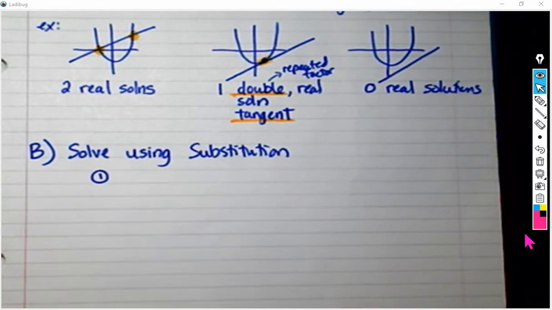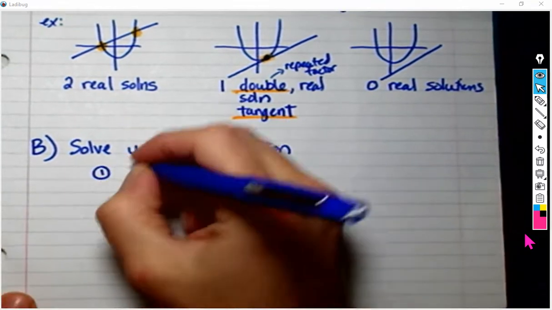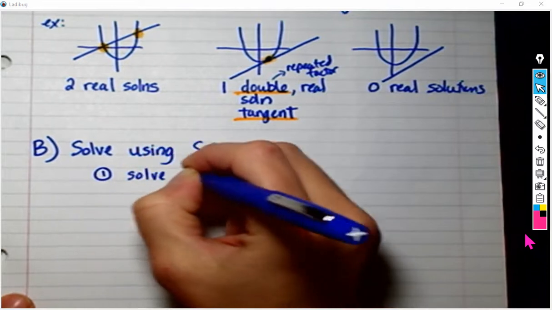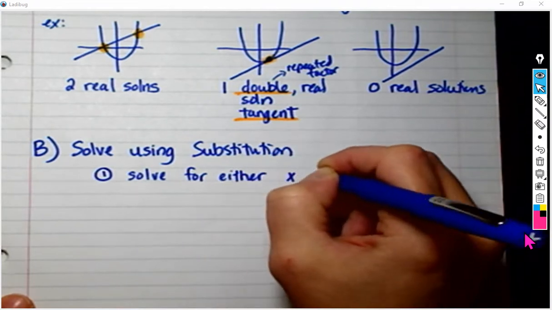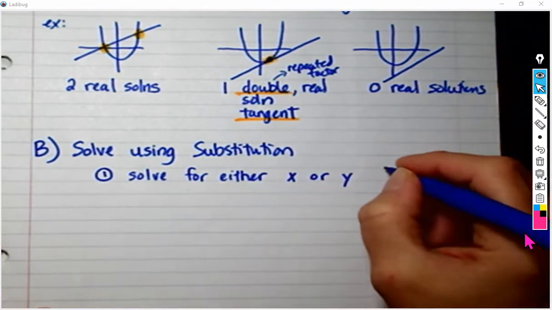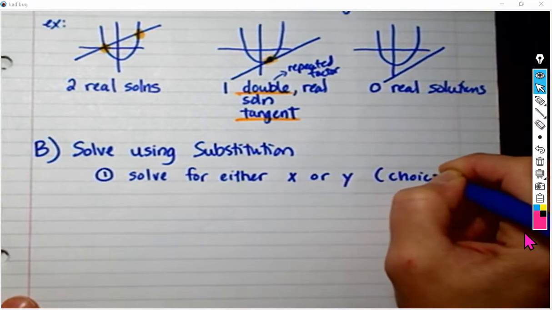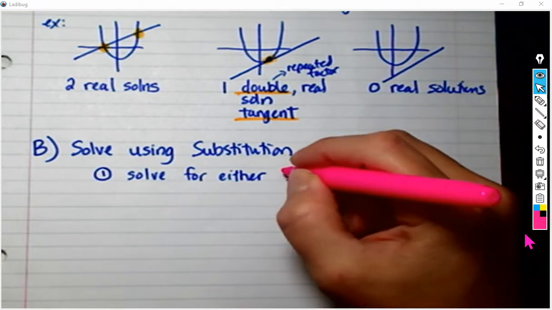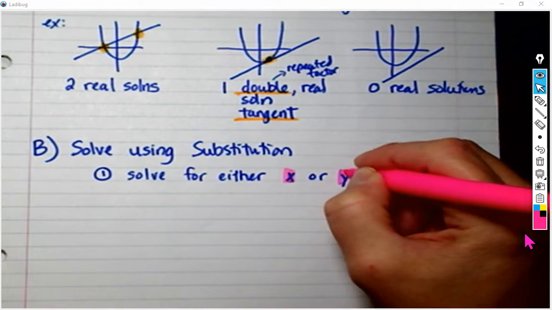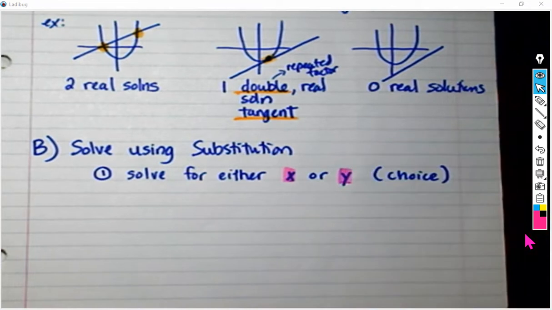Okay, so I'm going to give you the little how to substitute. Solve for either x or y. This is your choice. You have to pick one. I can't tell you which one to pick, okay? But I am going to highlight it because in the work I'm going to highlight these steps.